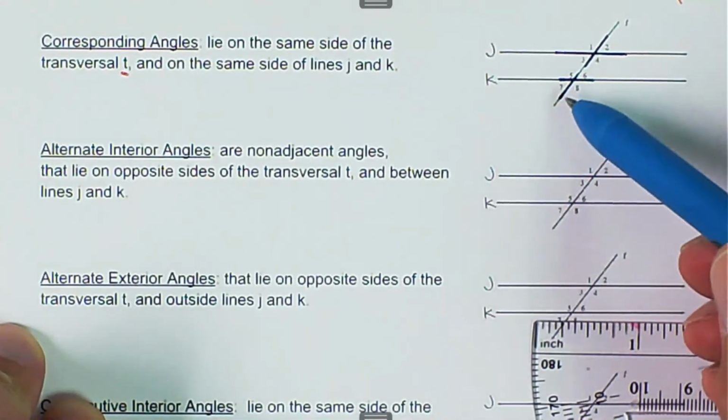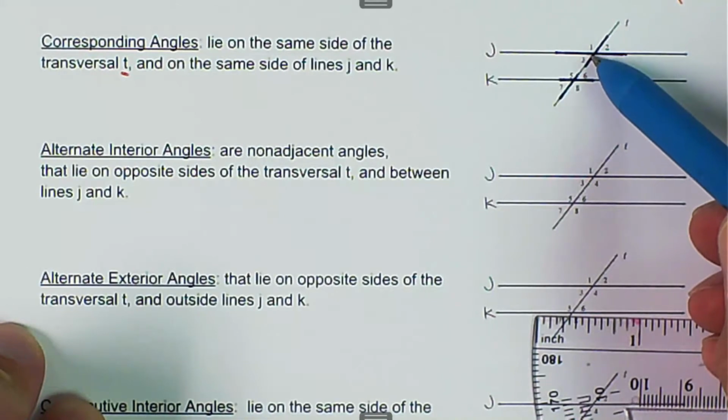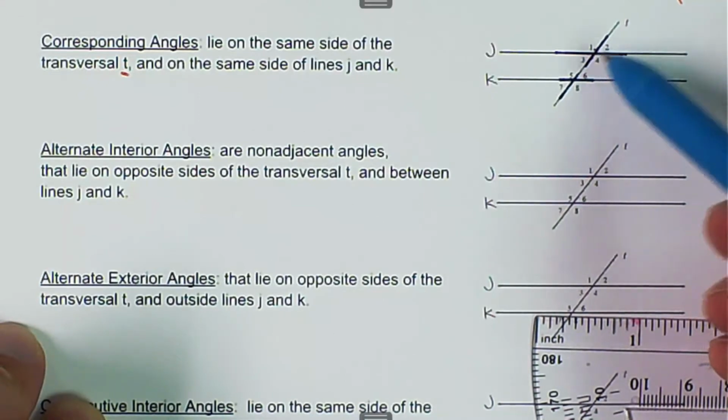So we're driving up the road and we come to the stop sign, and we stop and we see number 1 is forward and to the left, or in the upper left-hand corner of the blue intersection.